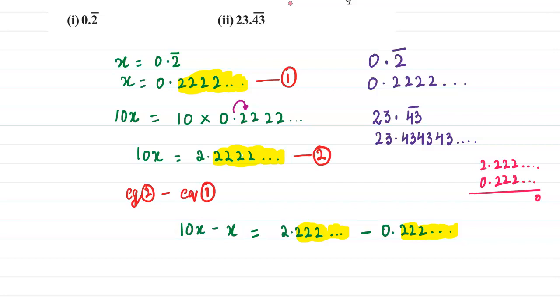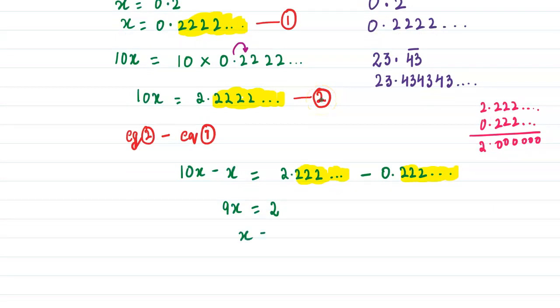So when we subtract, all these will become 0. So we get 2.0. So we can substitute this in our equation. So we get 10x minus x is 9x equals 2. So we are going to get x equal to 2 by 9.